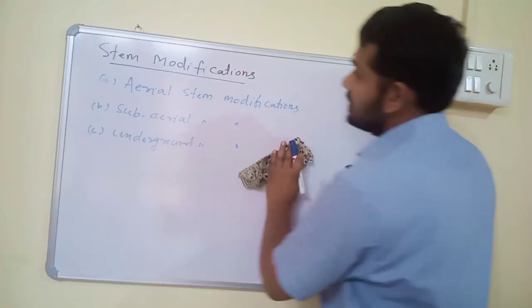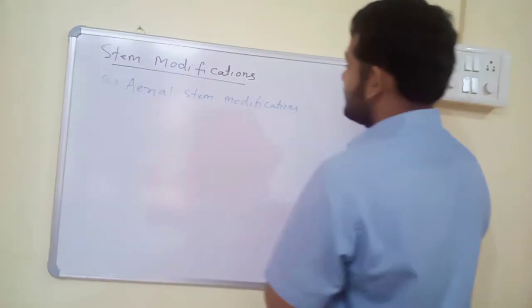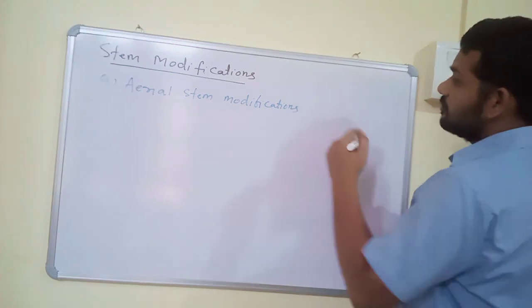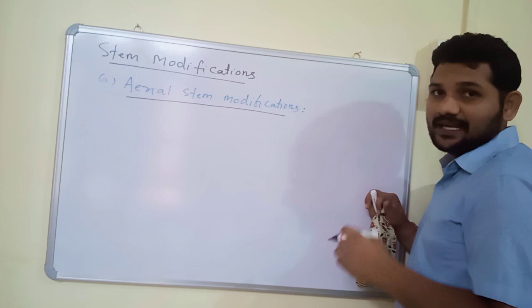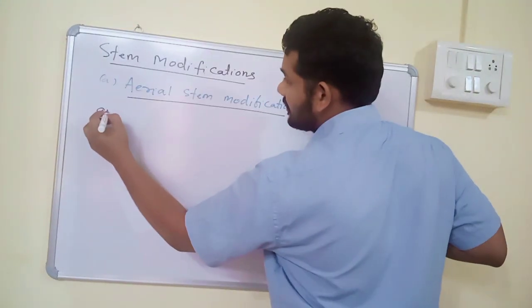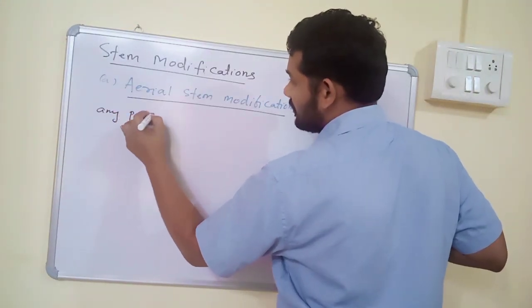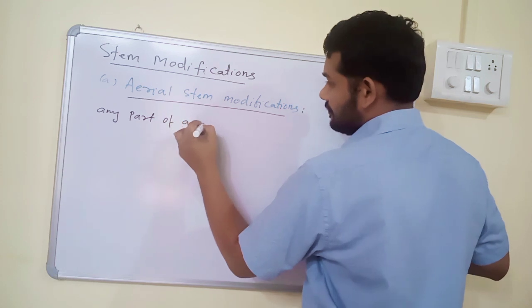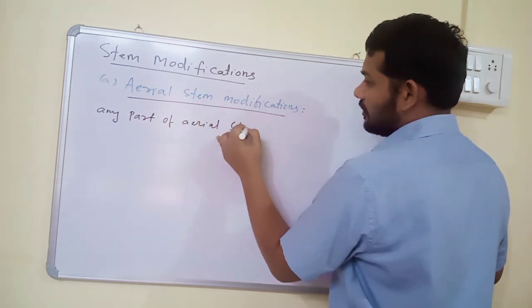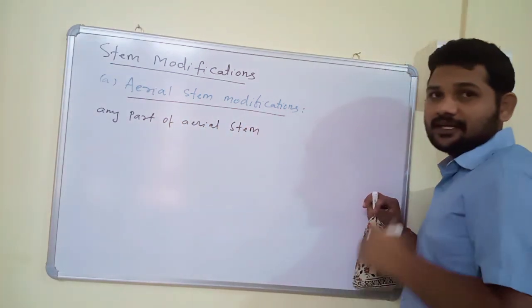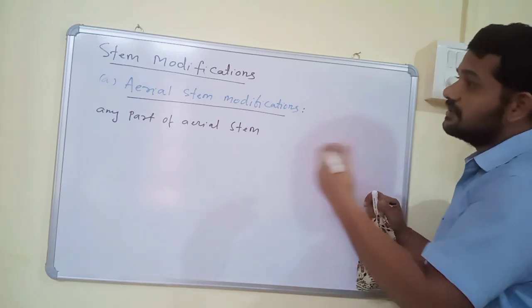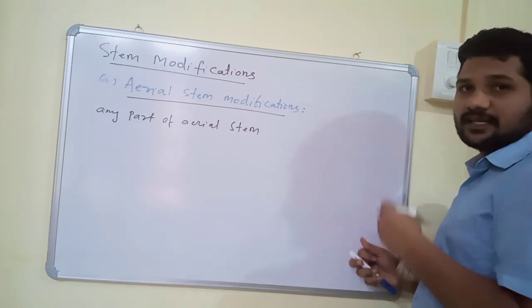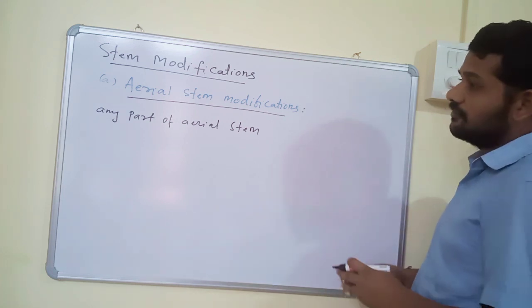Firstly, we start with aerial stem modifications. Aerial stem modifications means the aerial stem or any part of the aerial stem gets modified to perform various new functions. And these aerial stem modifications are again classified into various types.